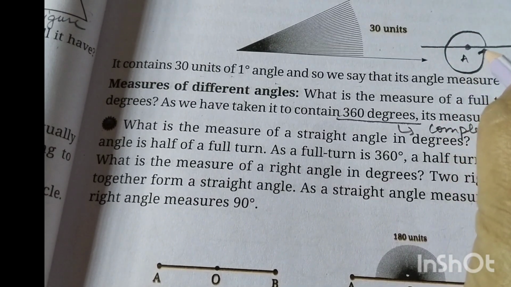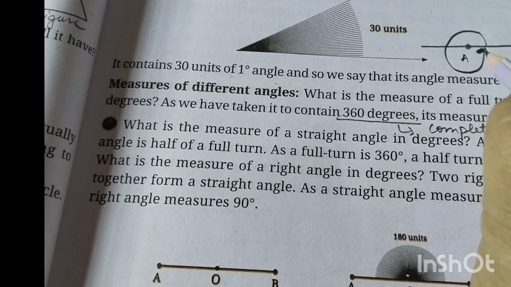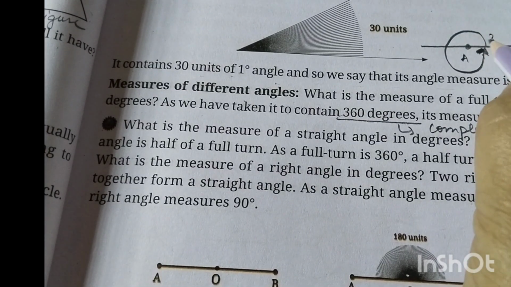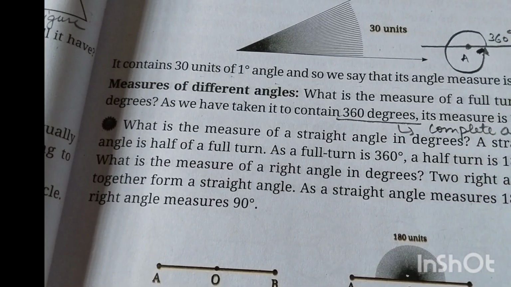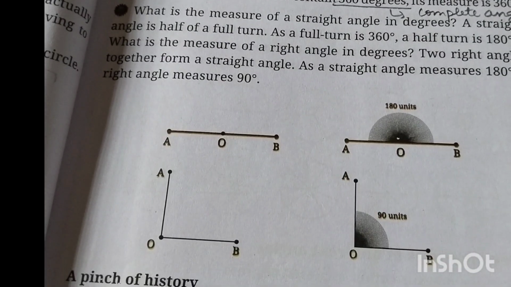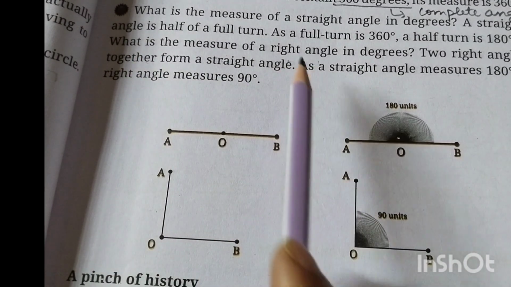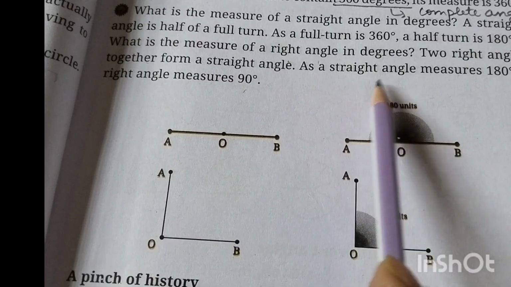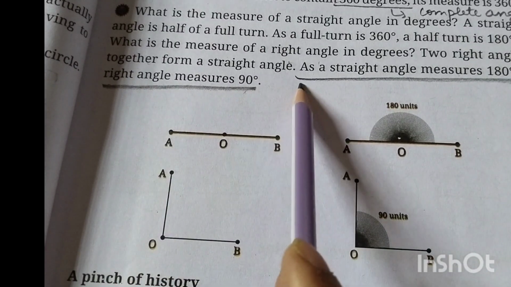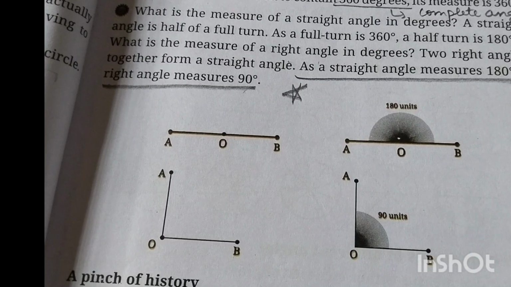This is how we can show a complete angle, right? It is of 360 degree, full turn. Okay. Now next one is, what is the measure of a right angle? It is 90 degree. Straight angle, it is 180 degree. Remember all these things for your exams.